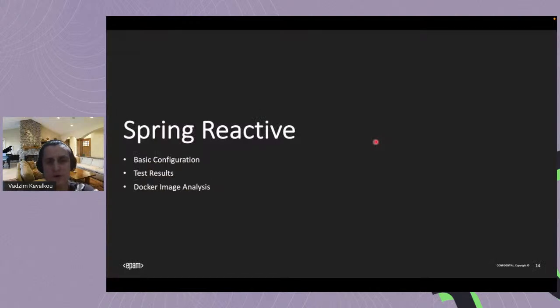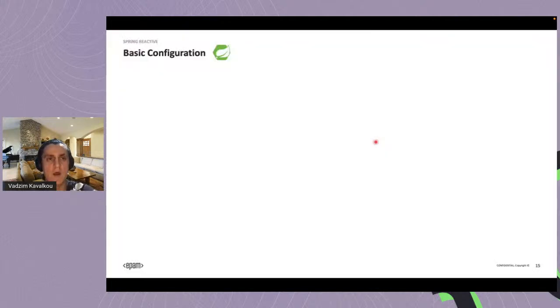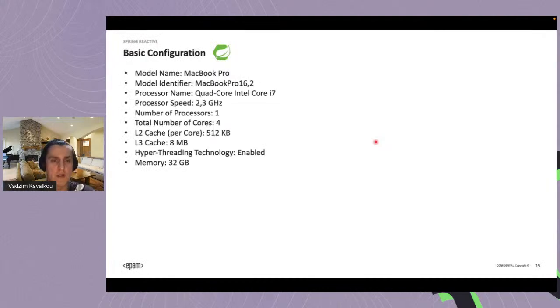Okay, let's move on to Spring Reactive. We'll take a look at the test results and analyze the Docker image. What about the basic configuration? All the tests I've completed on my laptop, and all the metrics you can find here.